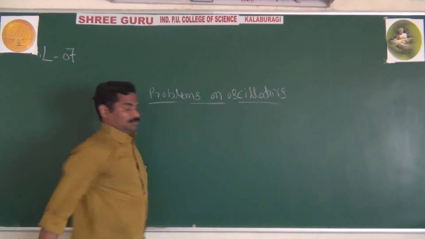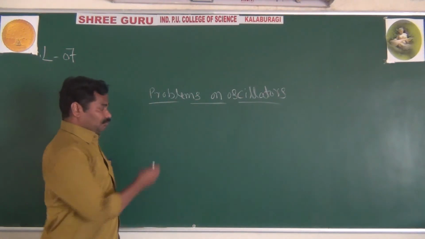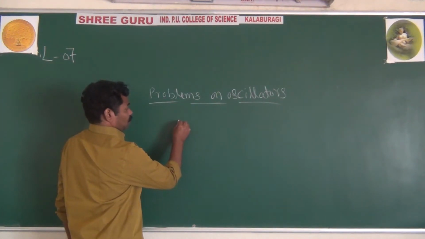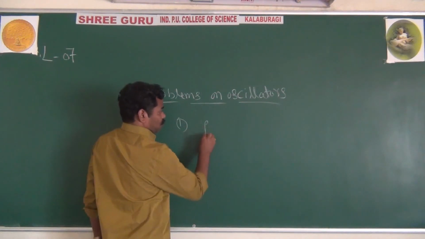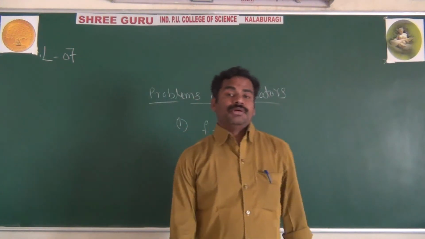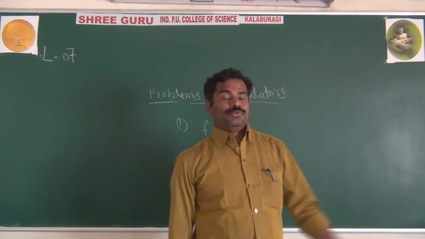Here, as I said, we are solving problems on oscillators, and what formulas am I using? Formulas for oscillators. The first formula we are using is the frequency of oscillation. As I said, you use the same formula for the Colpitts oscillator and the Hartley oscillator, with a very small change.